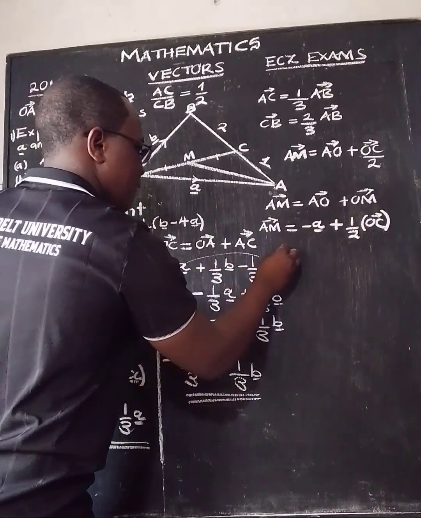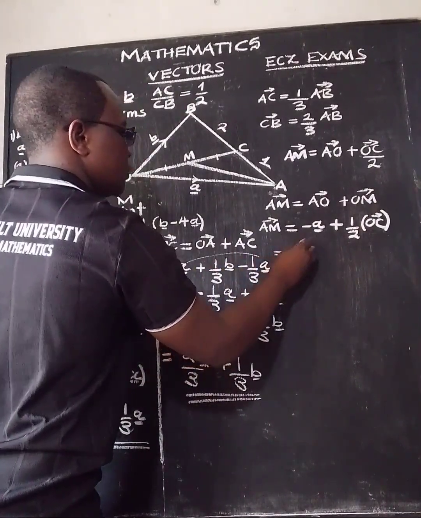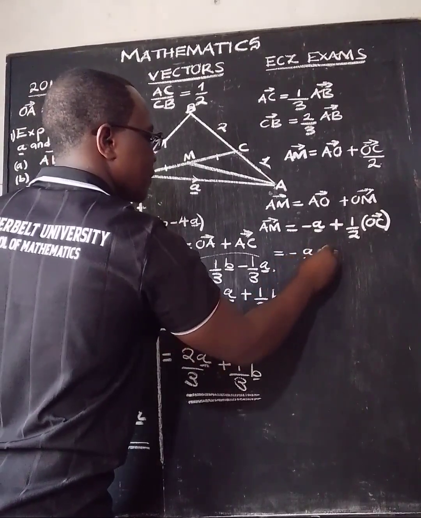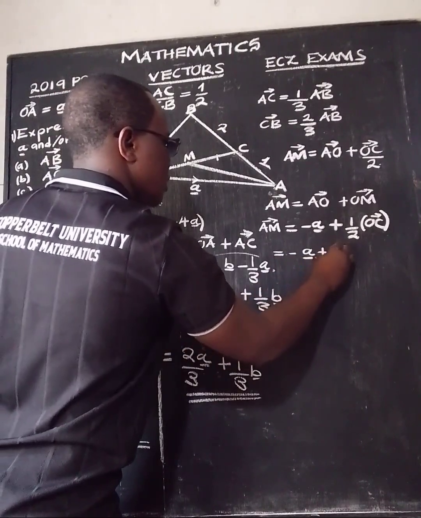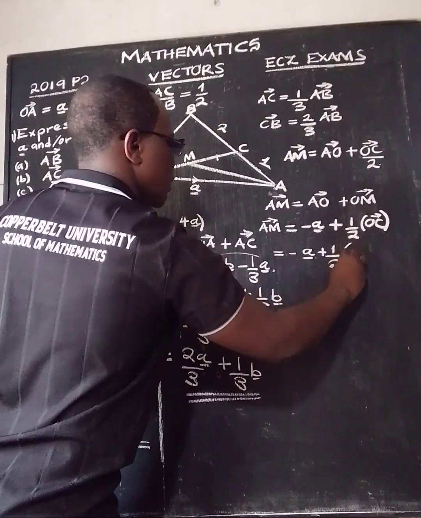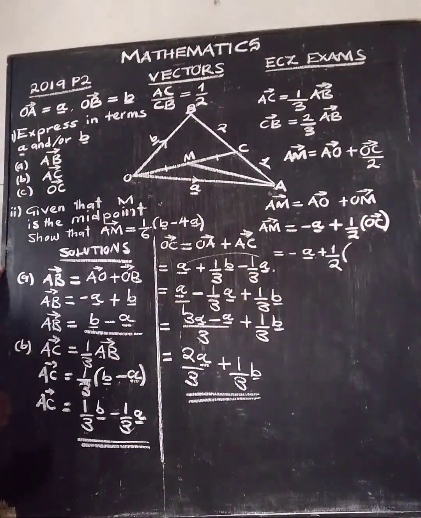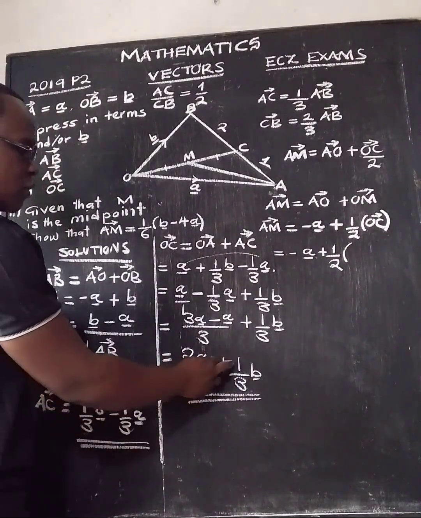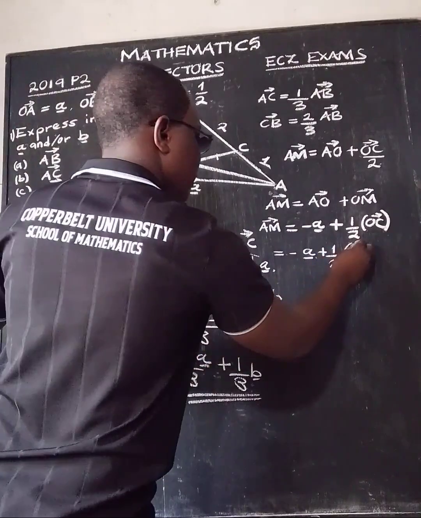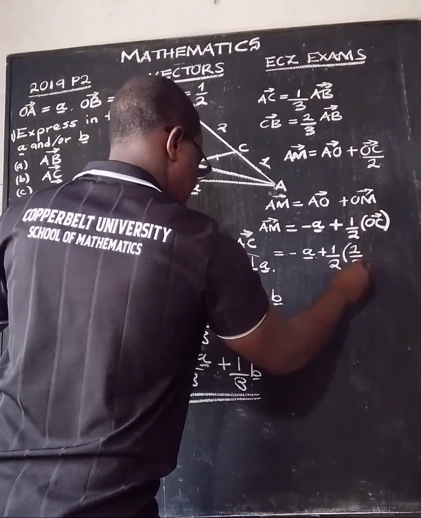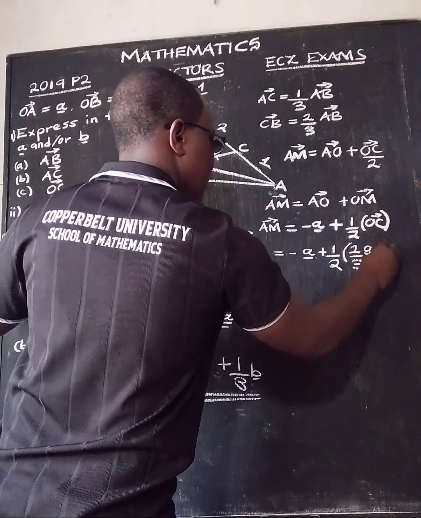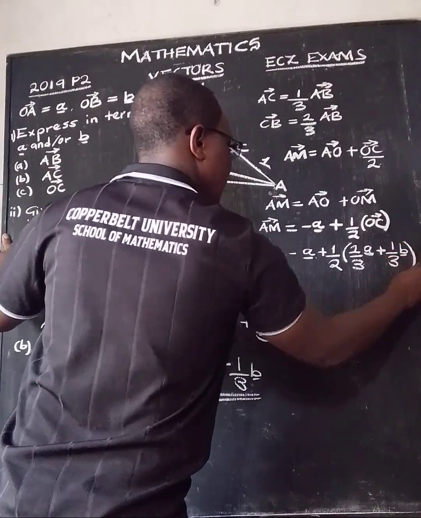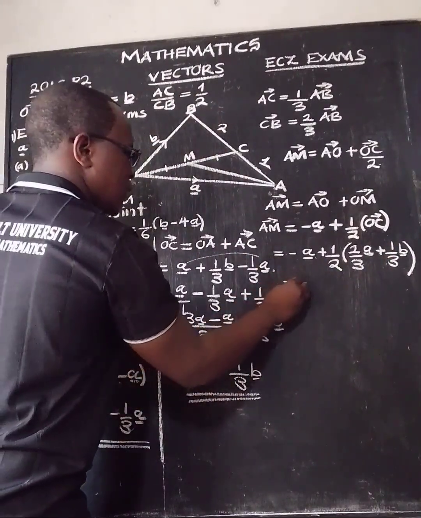So you see, it is now equal to negative A plus 1 over 2 of what is OC? This is our OC, which is 2 over 3 vector A plus 1 over 3 vector B. So we can now distribute.